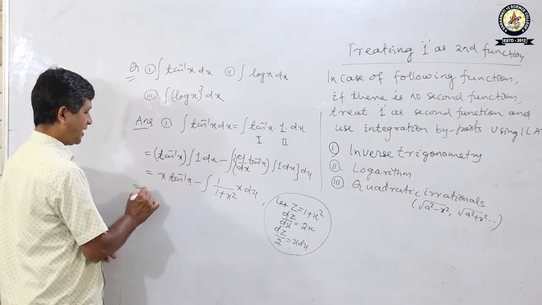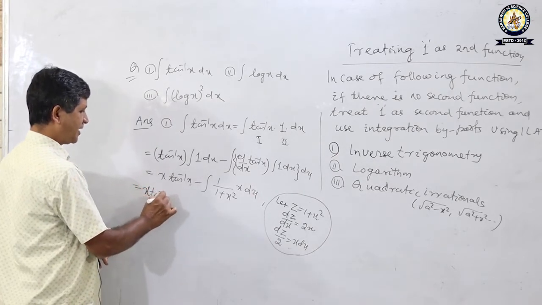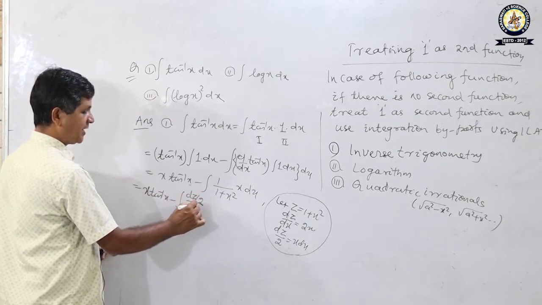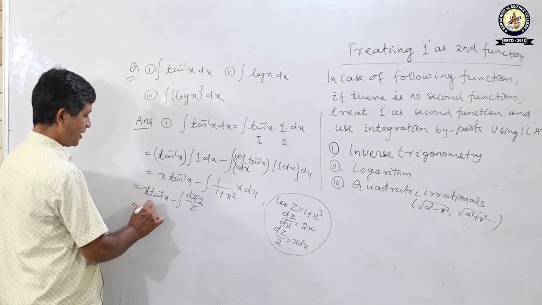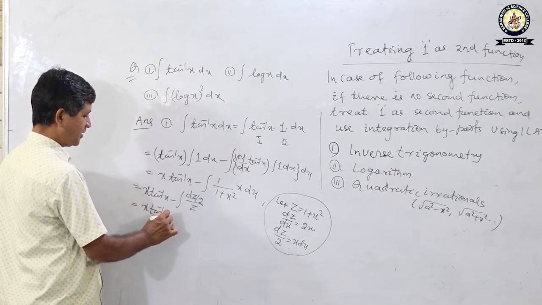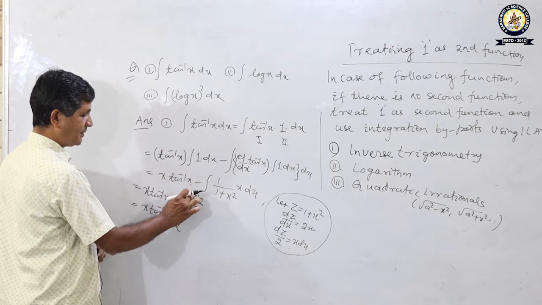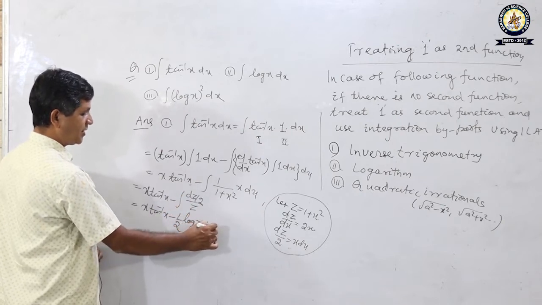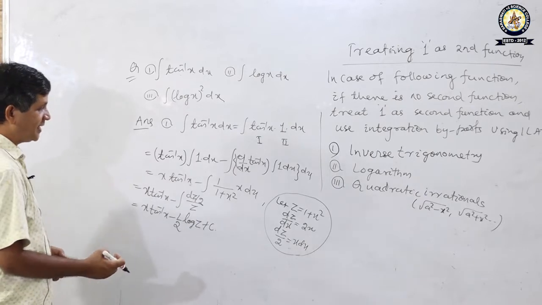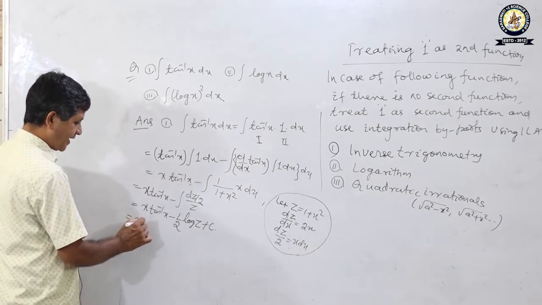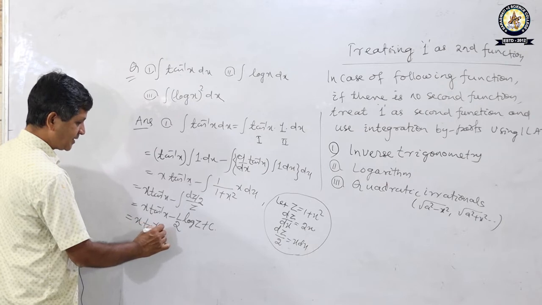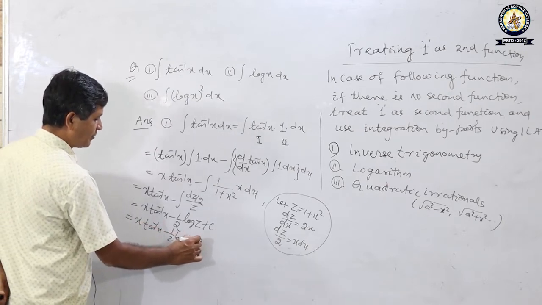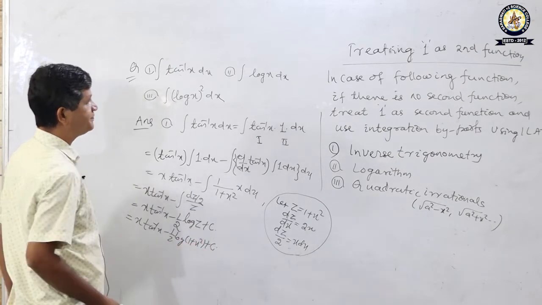So we write x tan inverse x minus dz by 2 by z, equal to x tan inverse x minus half into dz by z, which is log z plus c, and the value of z is 1 plus x square. So we write x tan inverse x minus half log of 1 plus x square plus c.